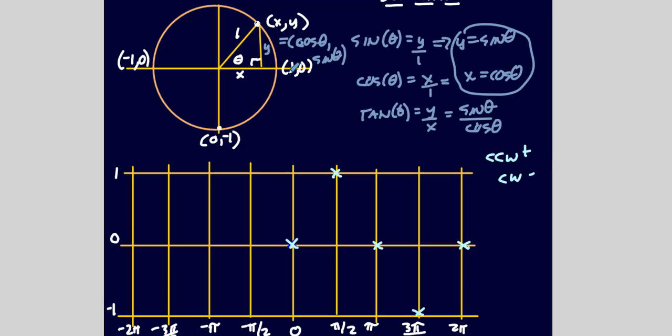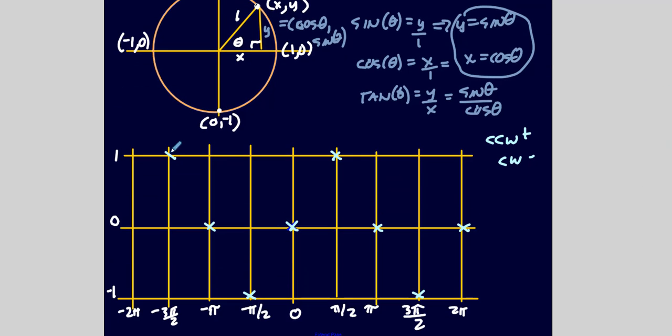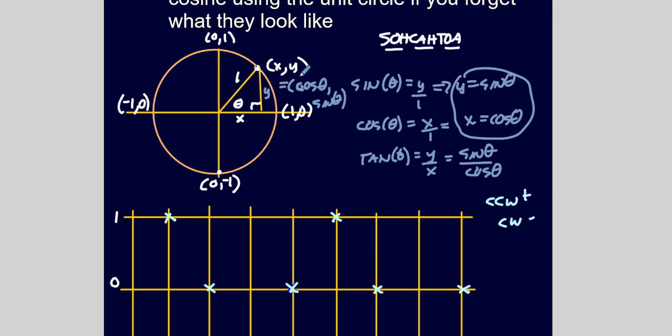The sine of negative pi over 2 or negative 90 degrees is negative 1. The sine of negative pi or negative 180 degrees is 0. The sine of negative 3 pi over 2 or negative 270 degrees is 1. And then the sine of negative 2 pi or negative 360 degrees is back to 0.